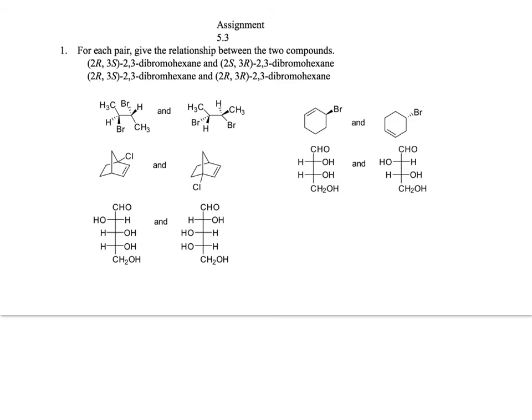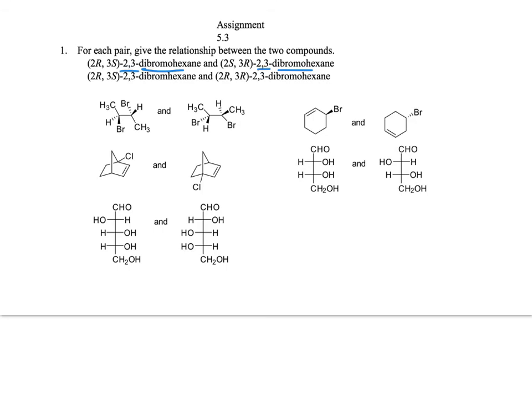Okay, this is your last assignment, 5.3, and we're looking at the relationships between compounds, whether they're enantiomers or diastereomers. This problem here, dibromohexane and dibromohexane, and the bromo is connected on the 2,3.